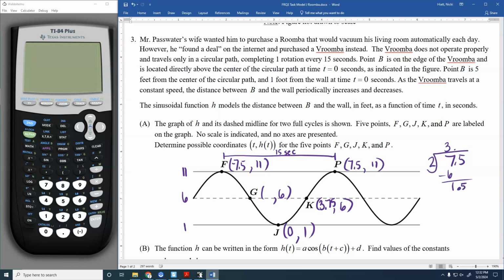So how many times does 2 go into 15? That'd be 7. 7 times 2 is 14. You subtract, you get 1. Bring down your 0. And 2 will go in 5 times. So you got 3.75 for that, which means this is going to be negative 3.75. So those would be all of our points.